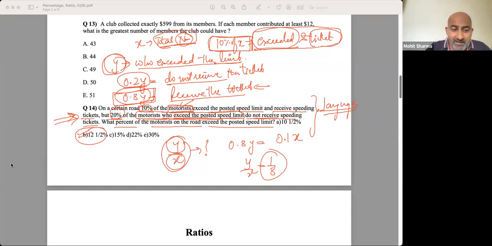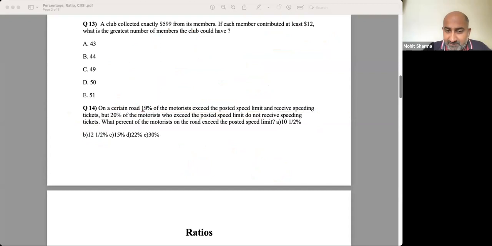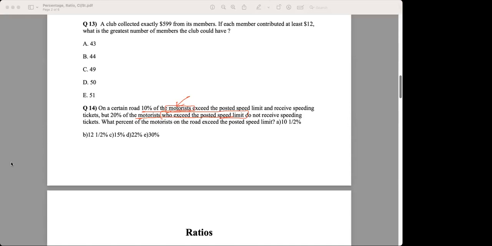And honestly, making the distinction between 10% of this and 20% of these is the only thing in such questions. This is very frequently used. 10% of all, 10% of those who did this. These are different sets of people we're talking about. Any doubt? Any questions with this? No. Okay.